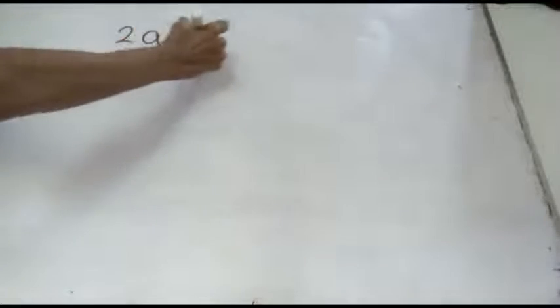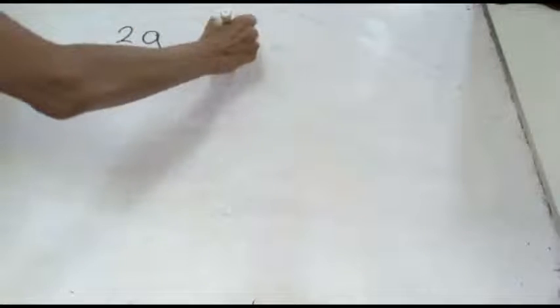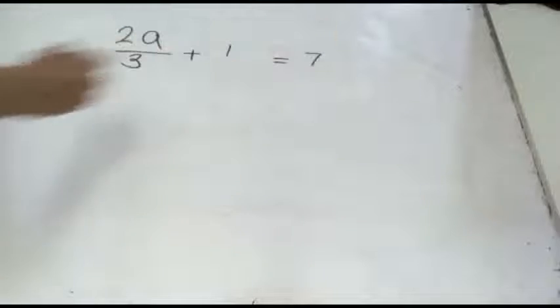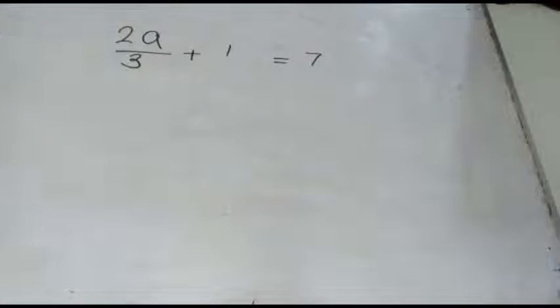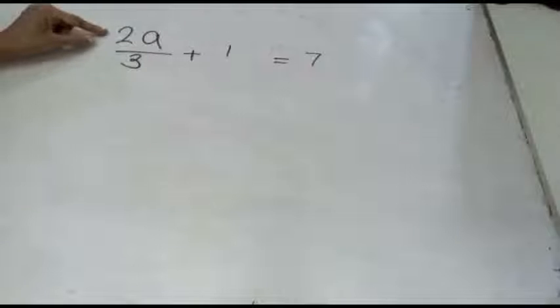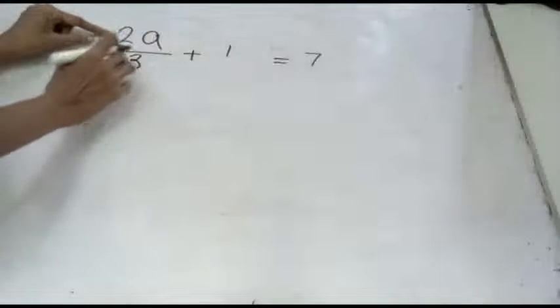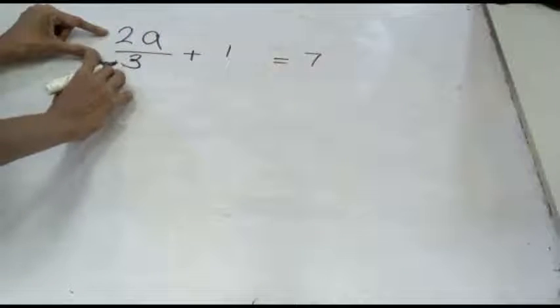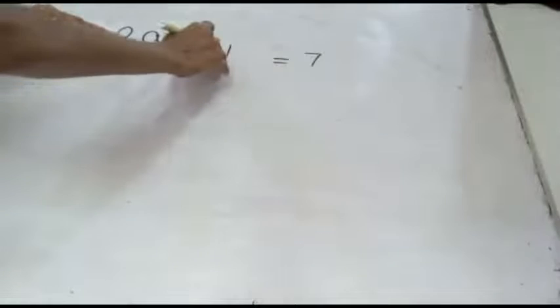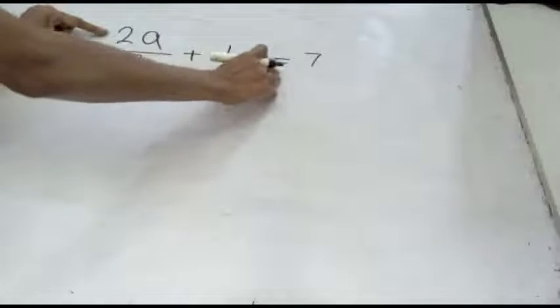2a/3 + 1 is equal to 7. a is multiplied by 2, and the answer is divided by 3, and add 1 is equal to 7.